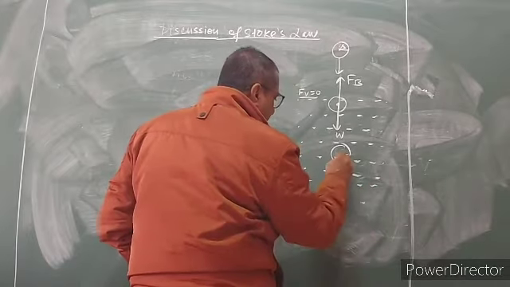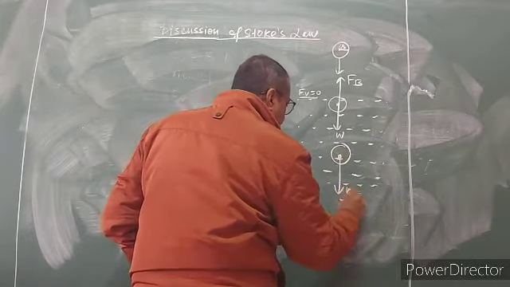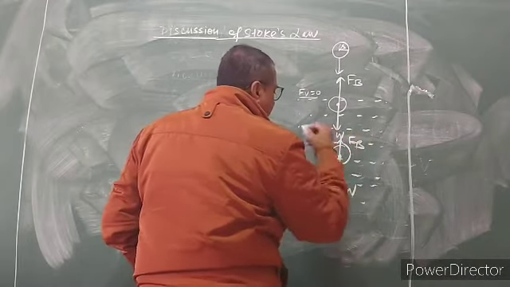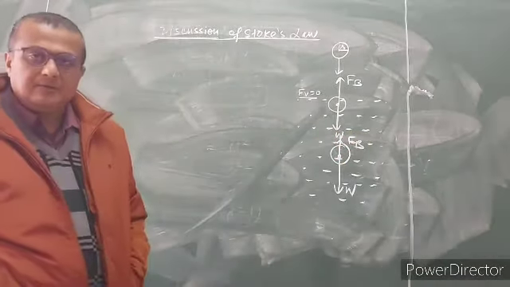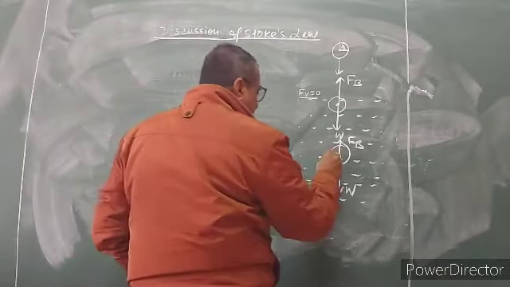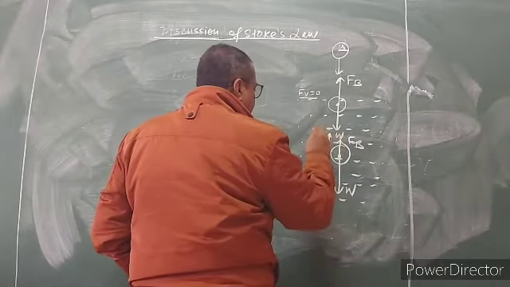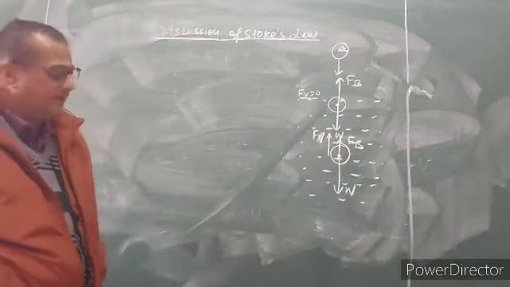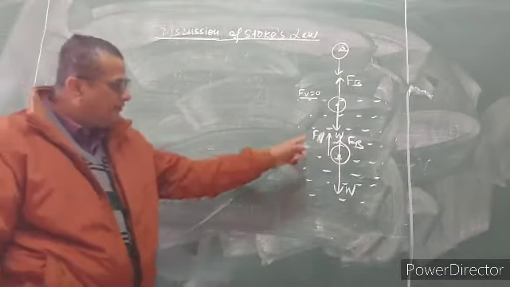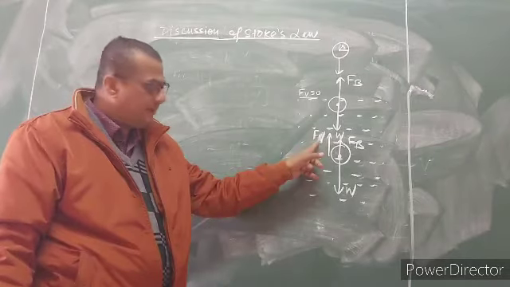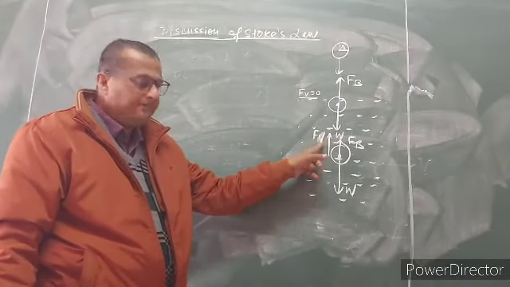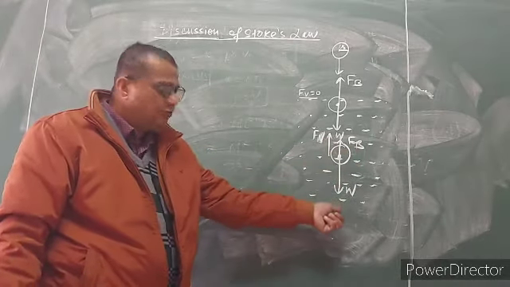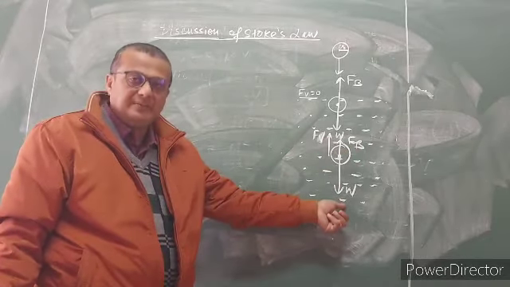but at a particular position inside the liquid, the viscous force is acting in the upward direction. Then what will happen? The viscous force plus the buoyant force will be equal to the weight of the body.